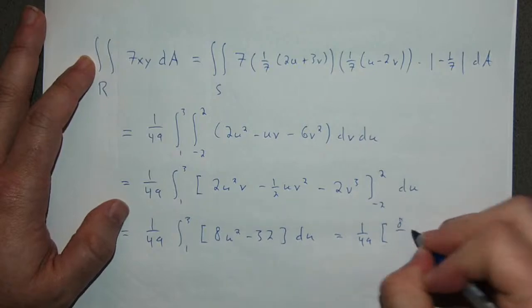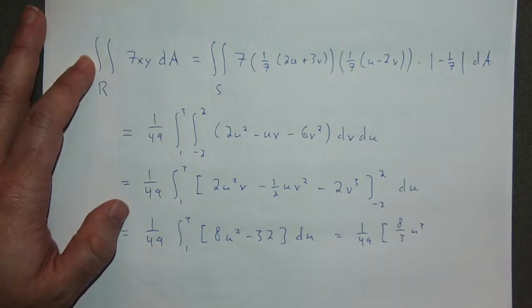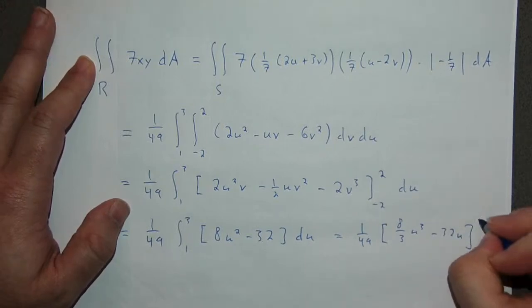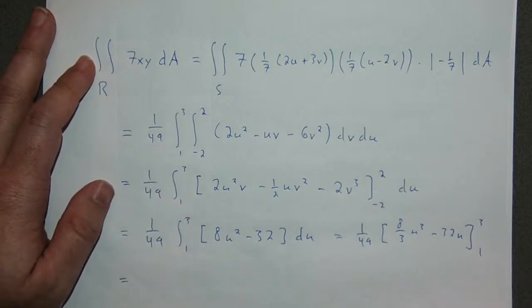And now I do this term by term with respect to u, so this is 1/49 times 8/3 u cubed minus 32u, evaluated from 1 to 3. So let's write this one out.